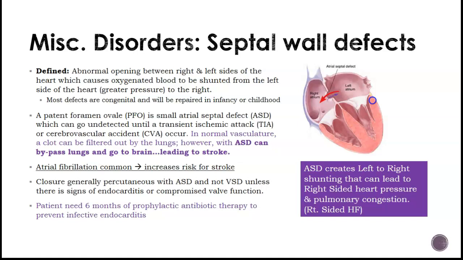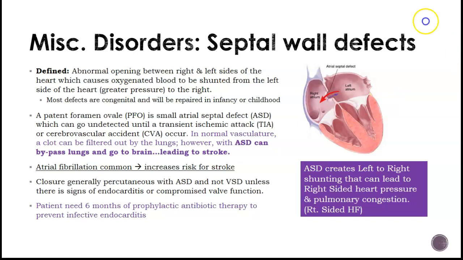If a patient has a patent foramen ovale, a PFO, it's a small atrial septal defect, or ASD, which can actually go undetected until somebody has a transient ischemic attack, or a TIA, or a cerebral vascular accident, which is a CVA.